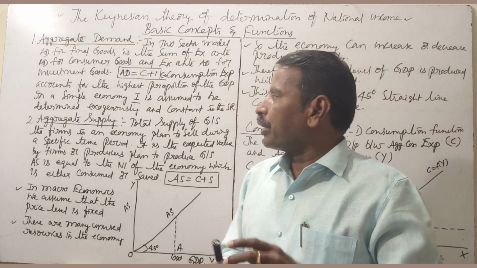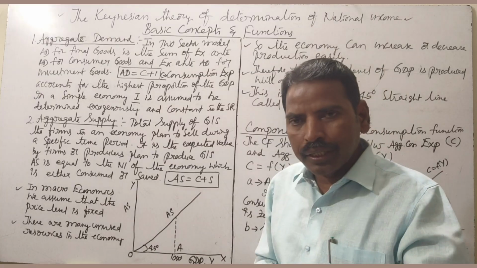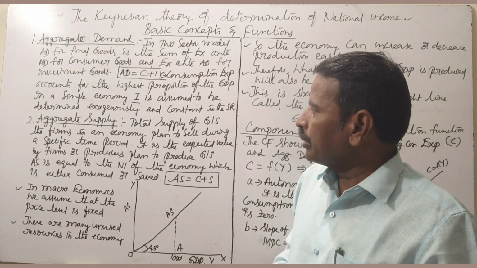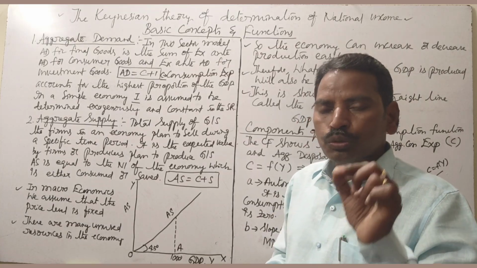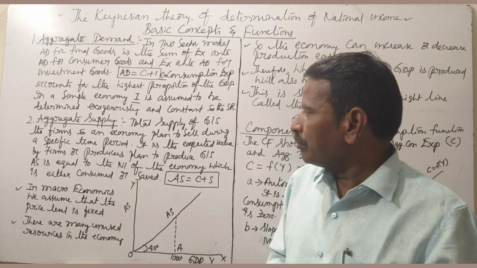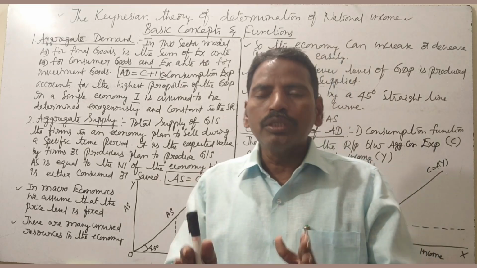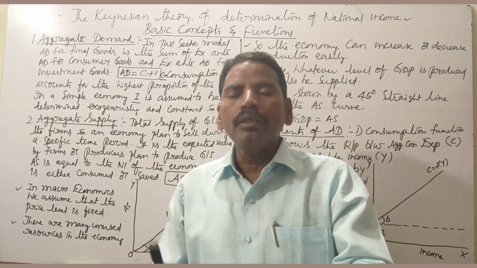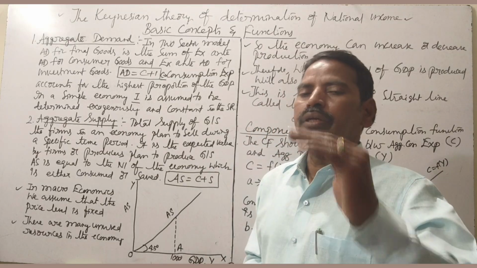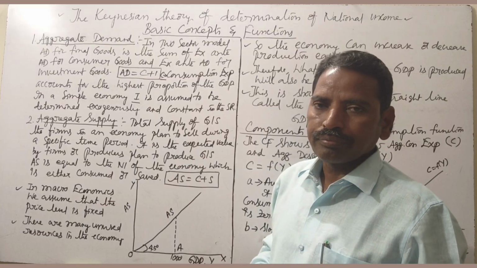In a simple economy, I is assumed to be determined exogenously or independently and constant in the short run. So I means investment, which is constant in the short run. This is called aggregate demand. Therefore, aggregate demand is equal to C plus I.